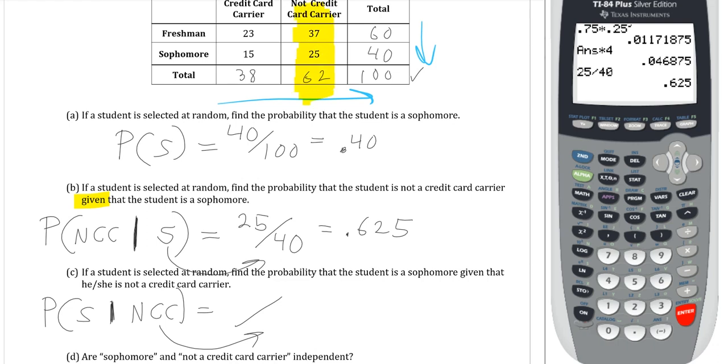I'm only considering those individuals in that column. Therefore, my total amount of people I'm dealing with is 62. Of those 62 individuals, 25 of them are sophomores. Notice that every time I'm framing it in terms of what the given event is first. That's the most important point. 25 out of 62 gives me 0.403.